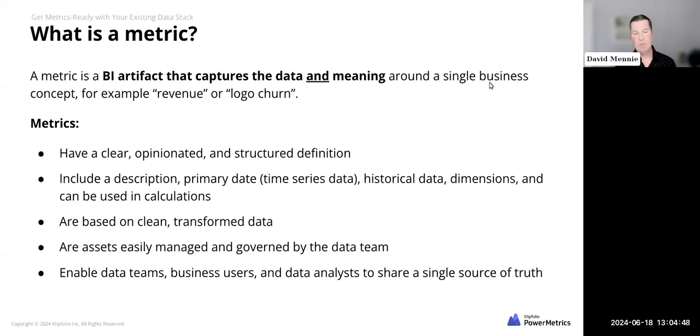Really, we want metrics to be based on clean, transformed data, which is one of the reasons we're talking today about semantic layers and data warehouses. And we also want these assets to be easily managed by the data team, so they can be consumed by any user, including business users or data analysts, as their single source of truth. But we definitely want that governance from the data team.